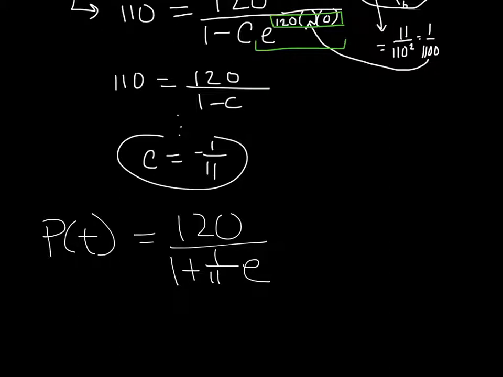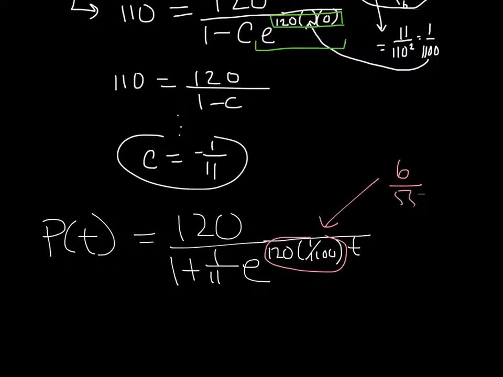Now M is 120, and A is 120 times our A, which is 1 over 1100 from the very beginning, times t. And of course, when you just multiply these, you get a nice 6 over 55.